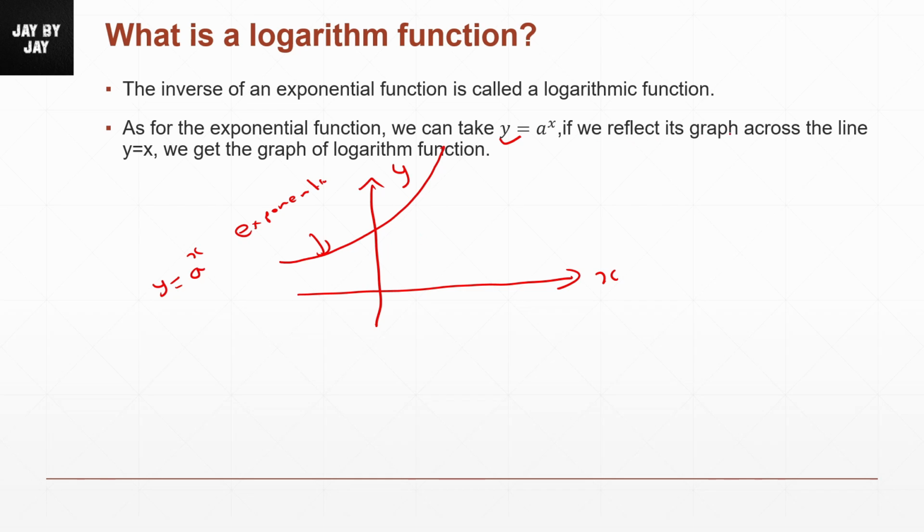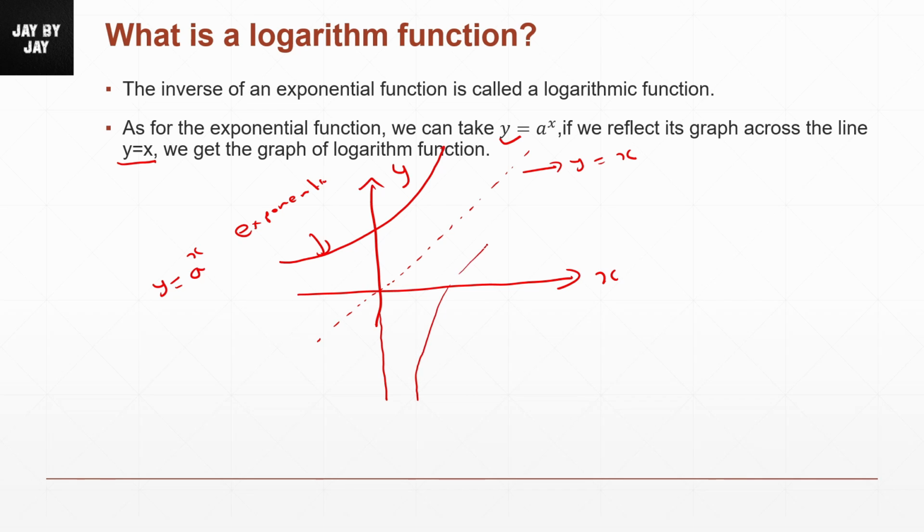And there's another function called y equals x, which looks like this. It is said that if we reflect the graph of the exponential function across the line y equals x, the result looks like this.